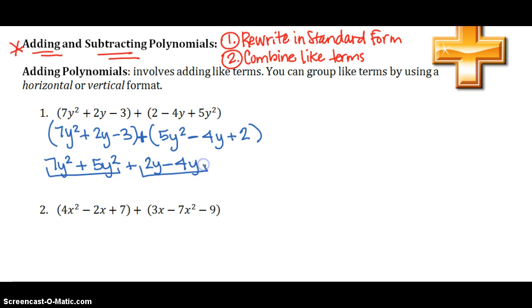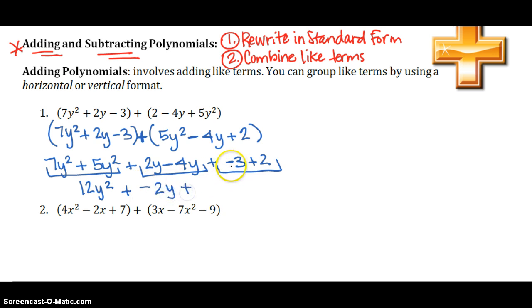We're ready to add those two together. And then the negative stays with the 3. So if you want to say it's plus negative 3 plus 2. So now I add 7 and 5 and that makes 12y squared, plus 2y minus 4y is negative 2y.